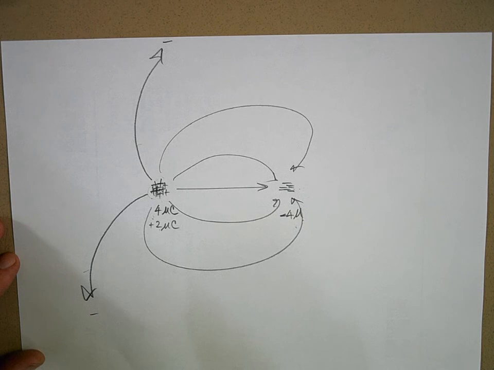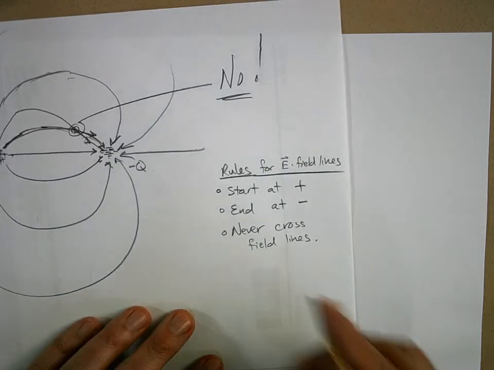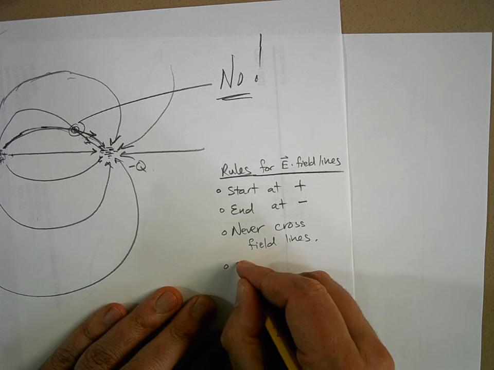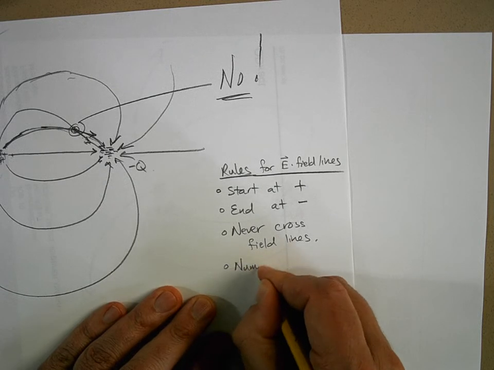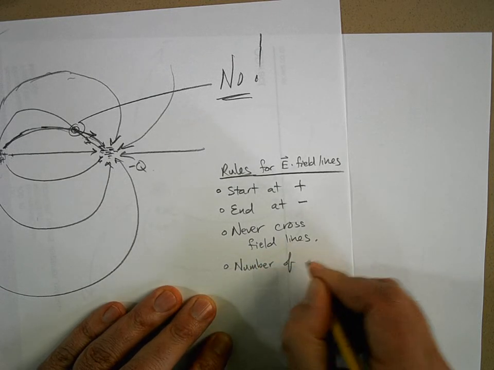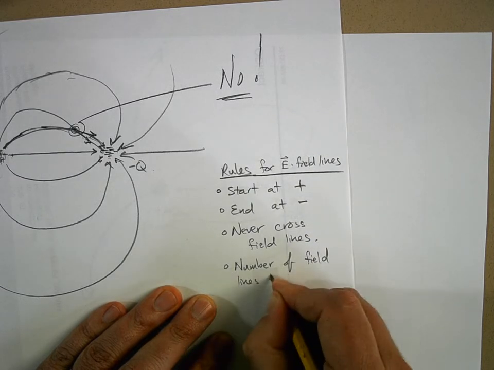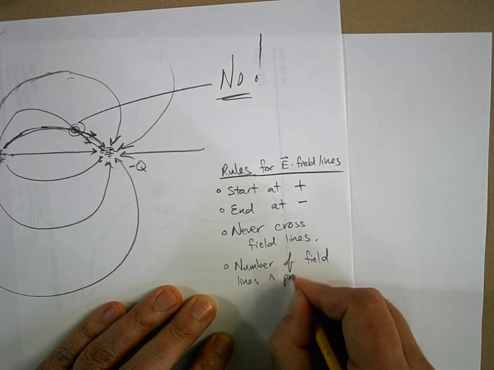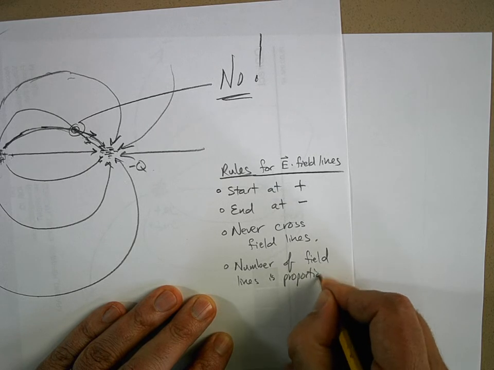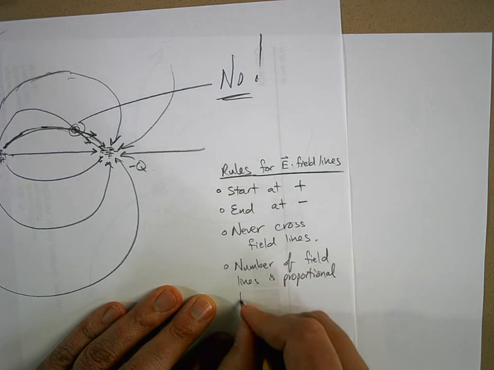So that's my other rule I'm going to add here. The number of field lines is proportional to the charge.